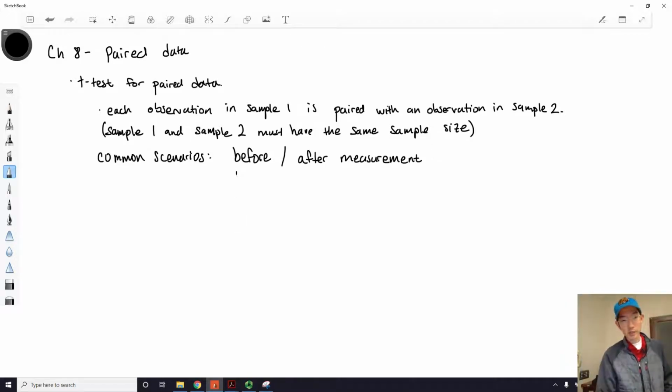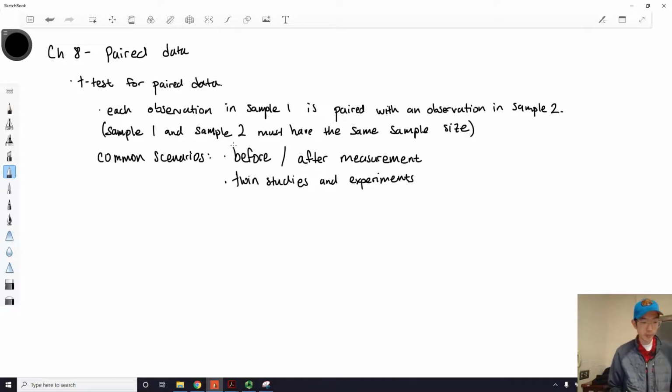You also have twin studies and experiments, and then sometimes you have observations that are paired based on demographics or other traits.